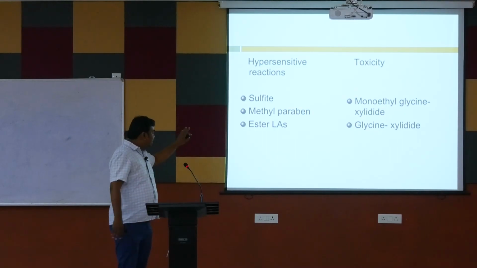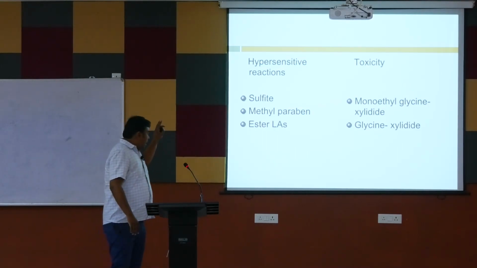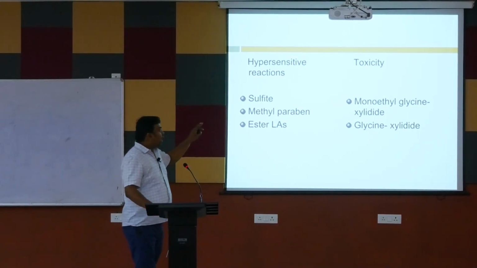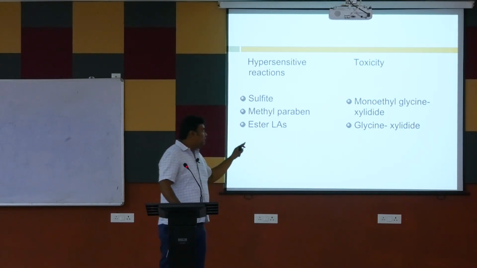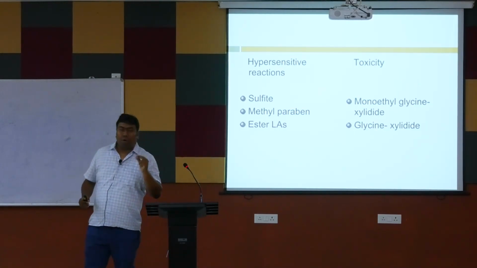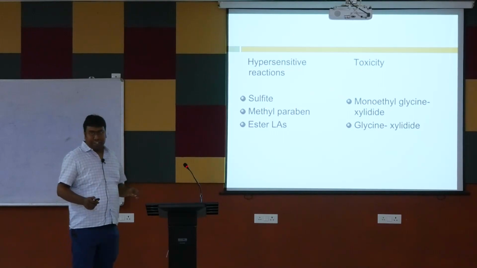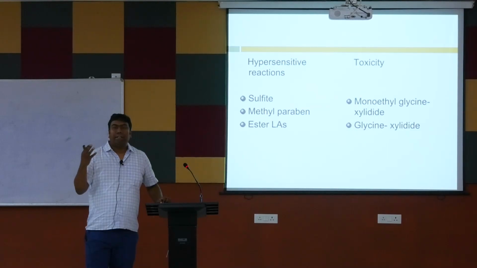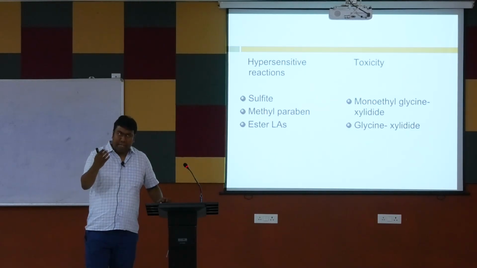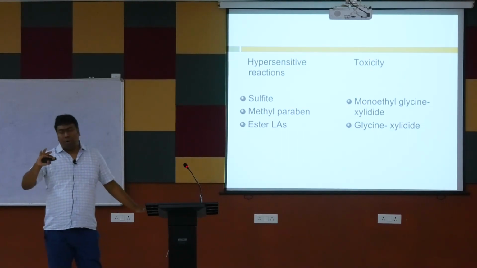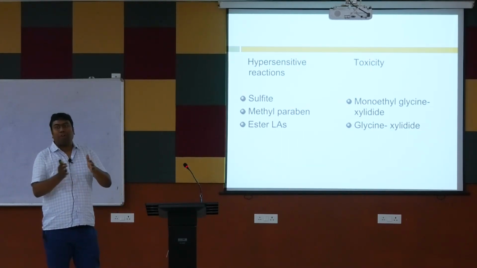In hypersensitivity reaction: sulfite, methylparaben and ester local anesthetics. Whereas in toxicity, glycine xylidide or monoethylglycine xylidide is the main component of this toxicity. Toxicity represents either CNS or CVS involvement, and there will be dizziness, vertigo. All these are the primary symptoms of CNS involvement.